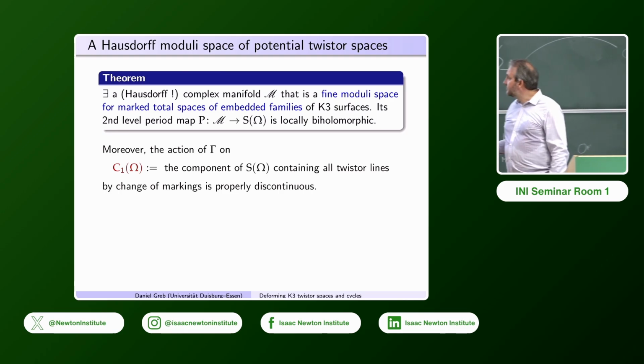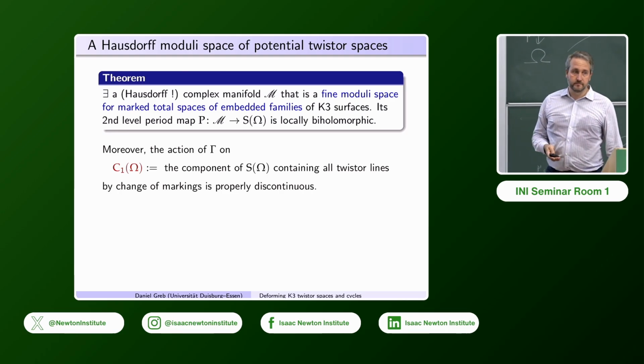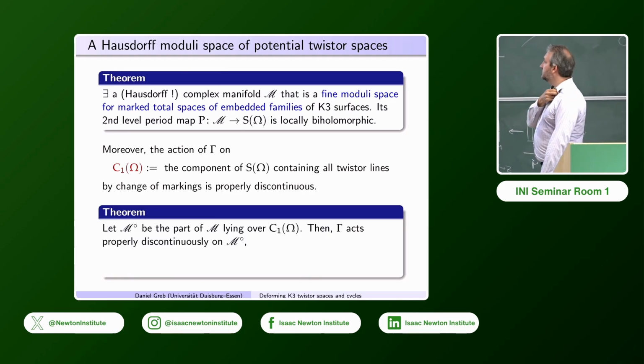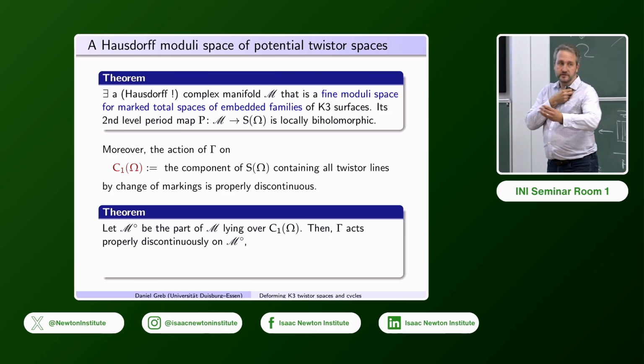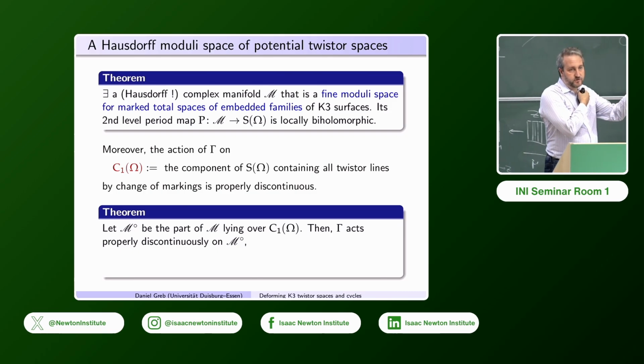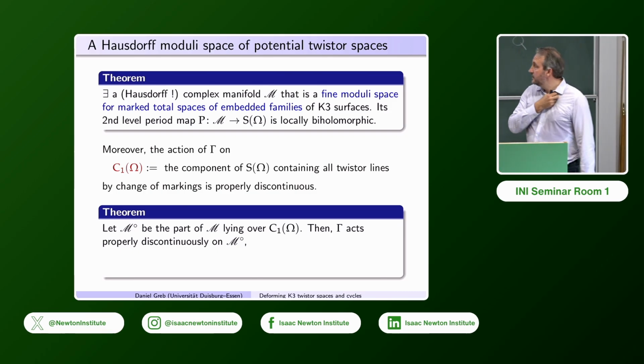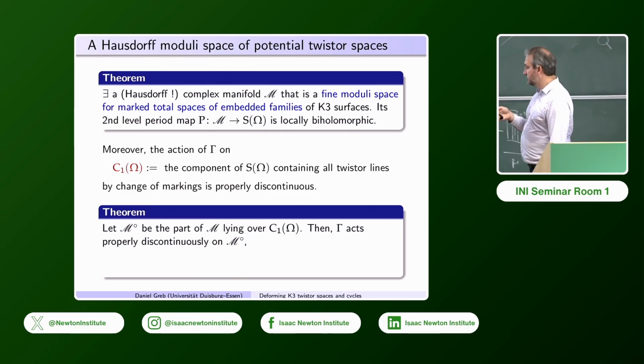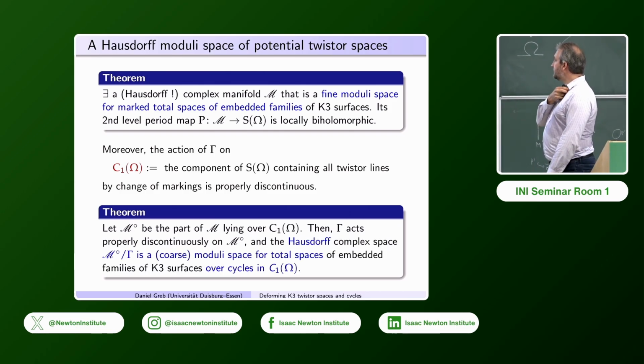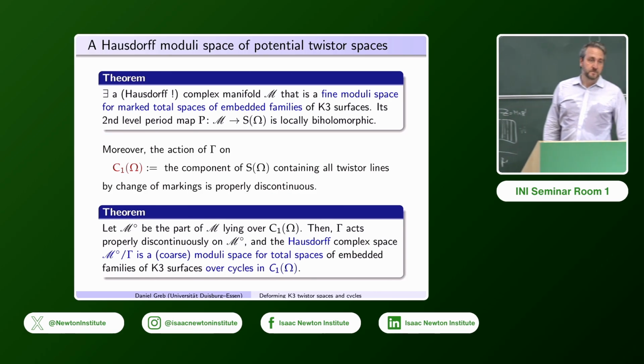And this is actually properly discontinuous. So this means you can take the quotient and get a complex space with finite quotient singularities, and this time you can even forget about the marking again. This means you have a coarse moduli space for total spaces of such fibered threefolds.